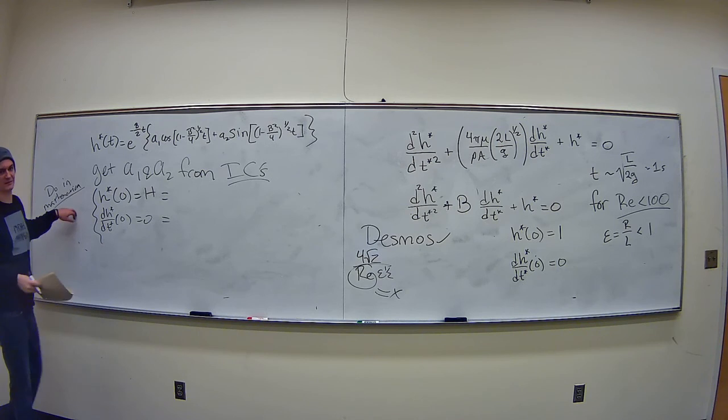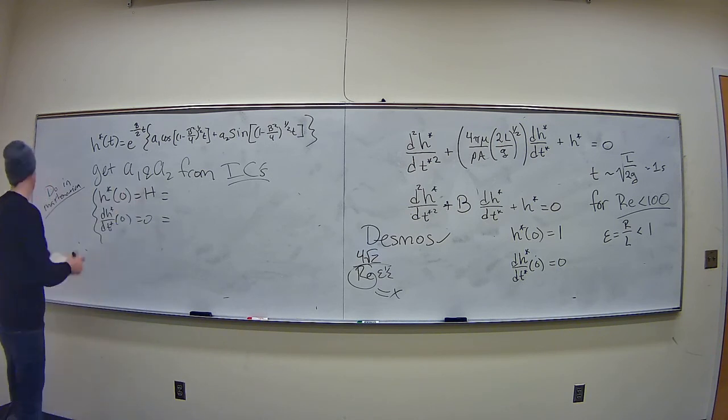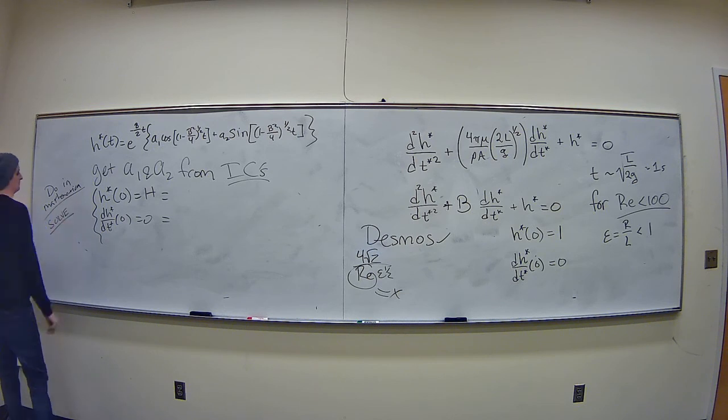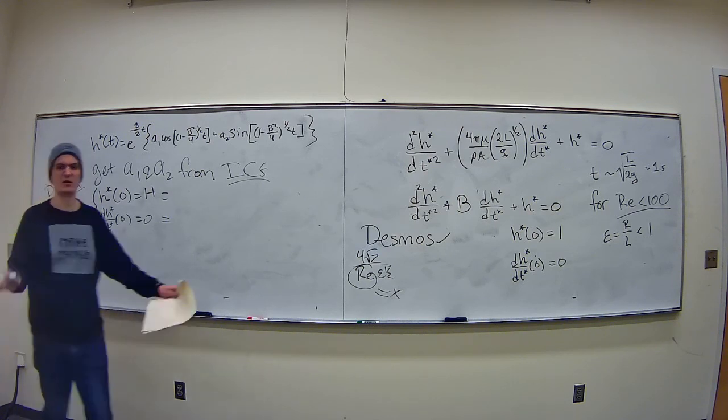Figure out how to do this in Mathematica, setting up 2 equations. You would need to use the solve function, and it's just 2 systems of equations. So you would have to define this, and then solve a system of equations, and then ask it for A1 and A2. And figure out how to do that.